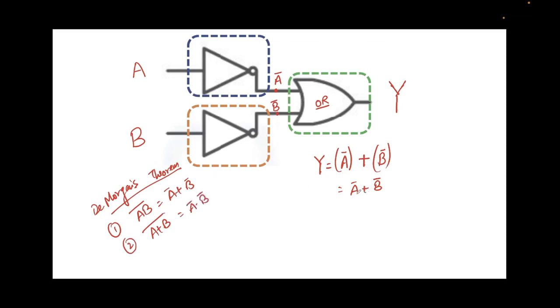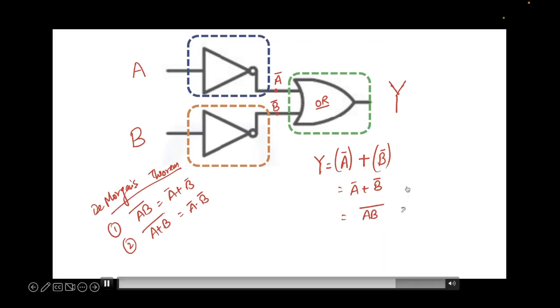So we notice that the output we have obtained is A bar plus B bar, and using the first De Morgan's law, we can write A bar plus B bar as nothing but AB whole bar. Now please note that this is nothing but the algebraic expression for a NAND gate.